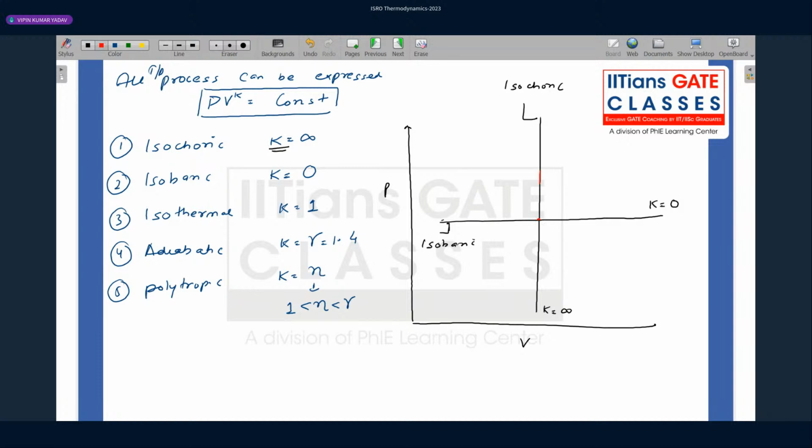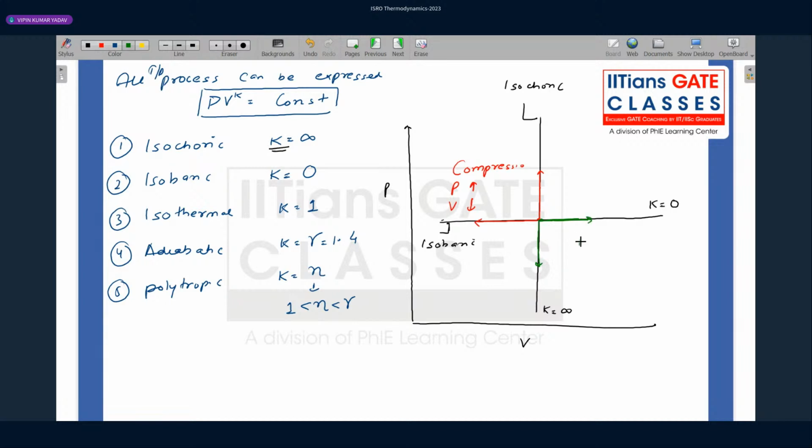This process, you see here, what is happening? Here, pressure is increasing and volume is decreasing. So this quadrant shows compression, because in compression, pressure increases and volume decreases. Now, what will happen in this quadrant? You see, here pressure is reducing and the volume is increasing.